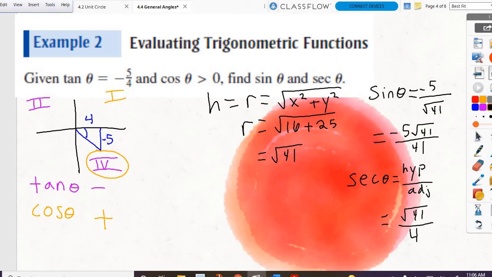Alright, so for us, remember we talked about last week some of our special angles. Yes? Okay. So we want to do this same process, but with some of our special angles.